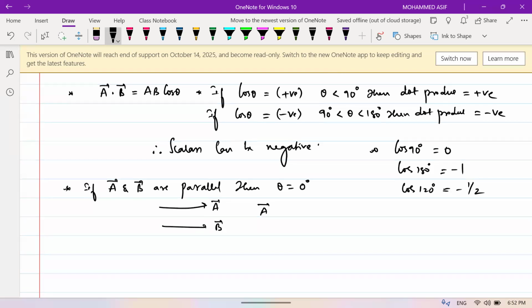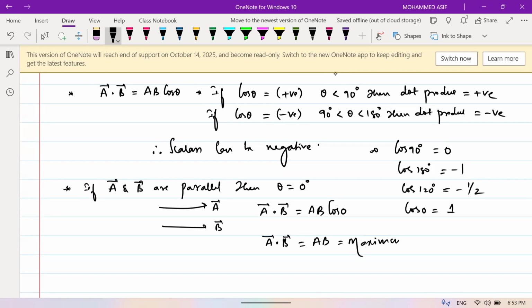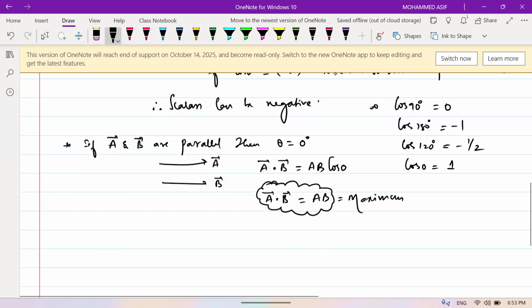So A bar dot B bar is equal to AB cos 0. Cos 0 is 1, so A bar dot B bar will be equal to AB. That will be the maximum. So the dot product is maximum when two vectors are parallel to each other.